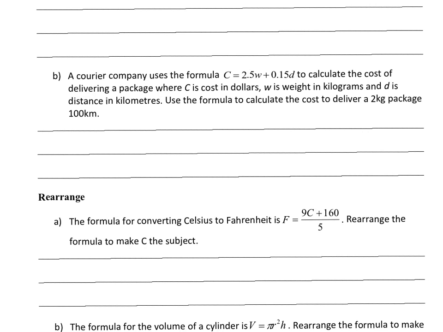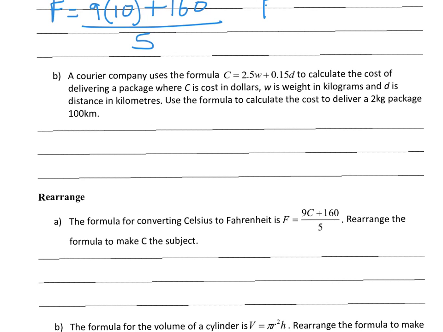And I need to put that into the formula to find out what F is. So F equals 9 times 10 plus 160, divided by 5.